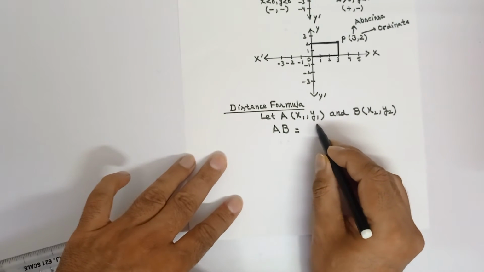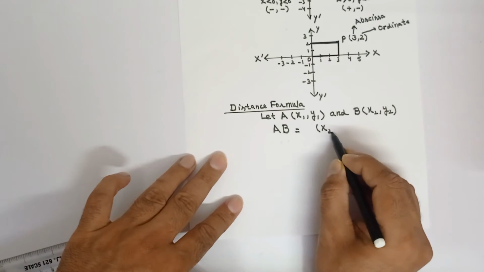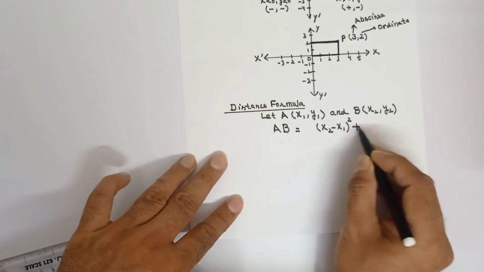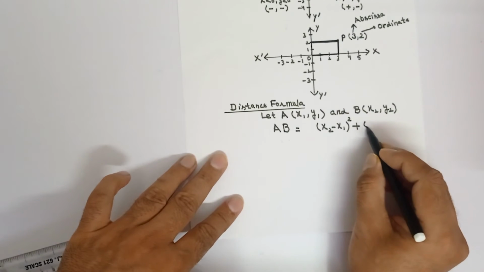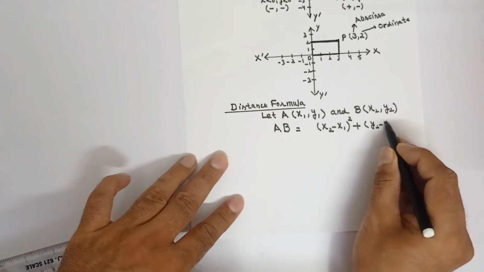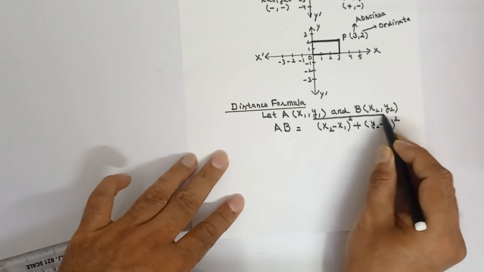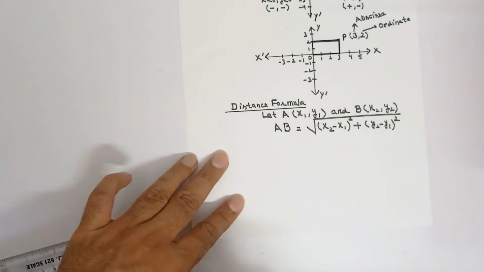(x2 minus x1) whole square plus (y2 minus y1) whole square, and this whole under root.